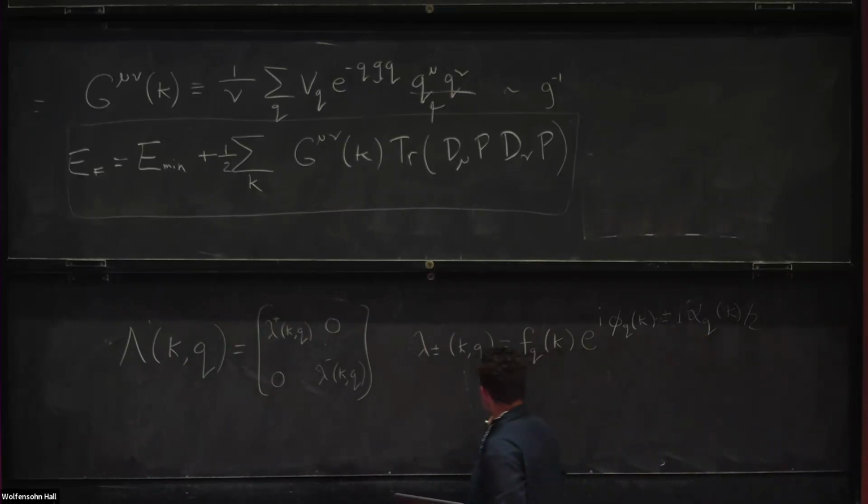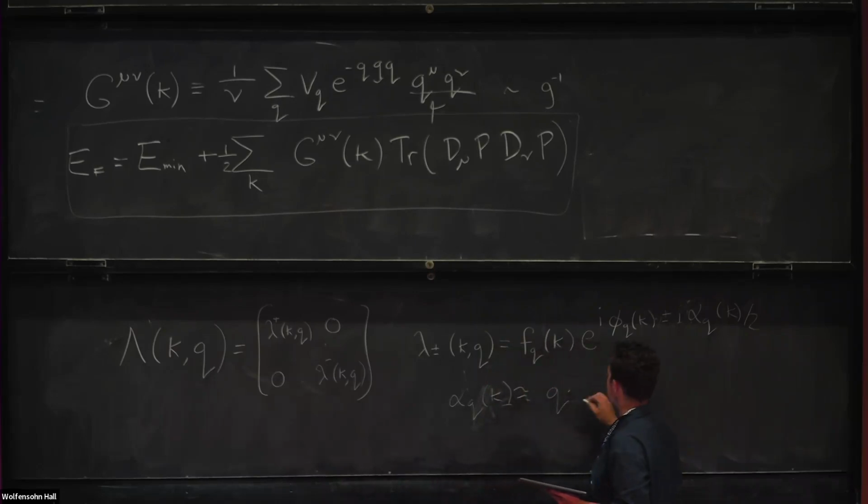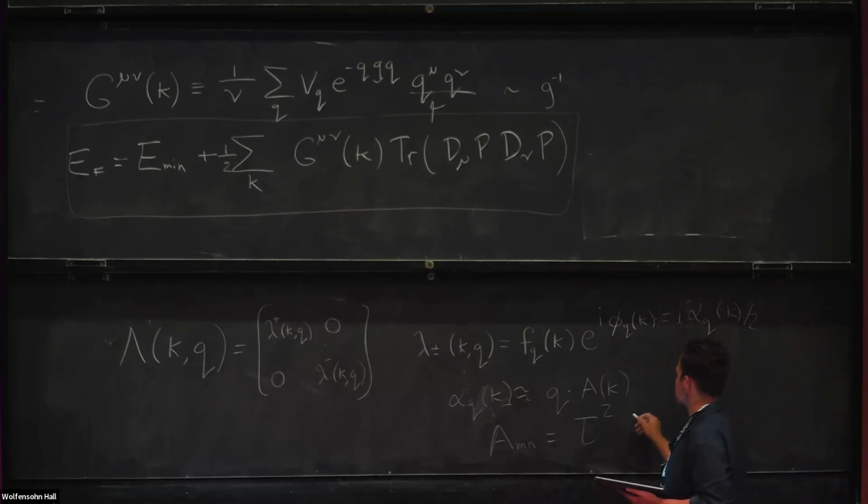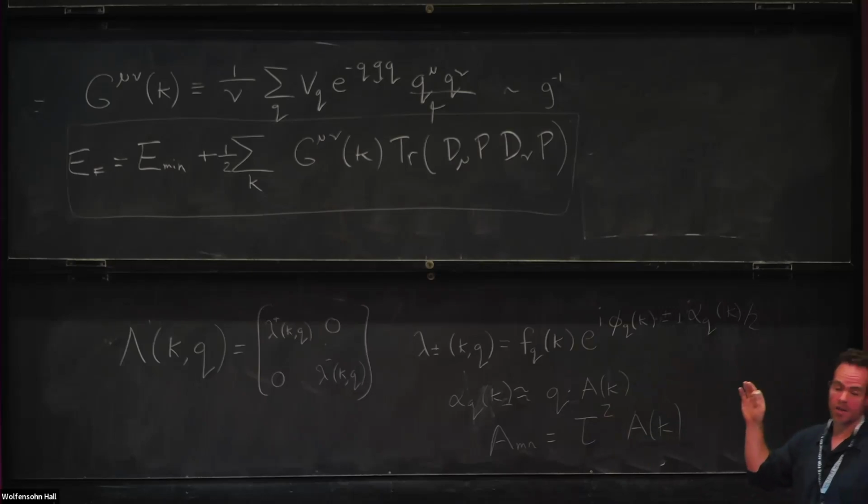Okay, so in other words, what it's saying is that the Berry connection, which is relevant here, A, is basically equal to, if I write alpha q of k is approximately q dot A of k, then it's saying that the Berry connection A_MN is just tau z times, this is all that's going to show up, A of k. That was just a complicated way of saying that in this situation, our Berry connection is diagonal, so it's proportional to tau z.